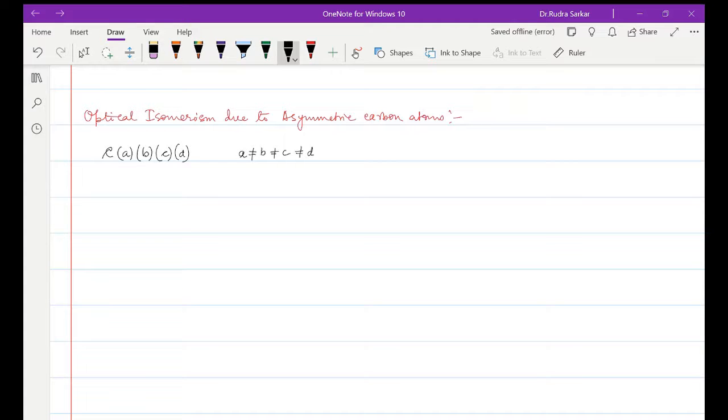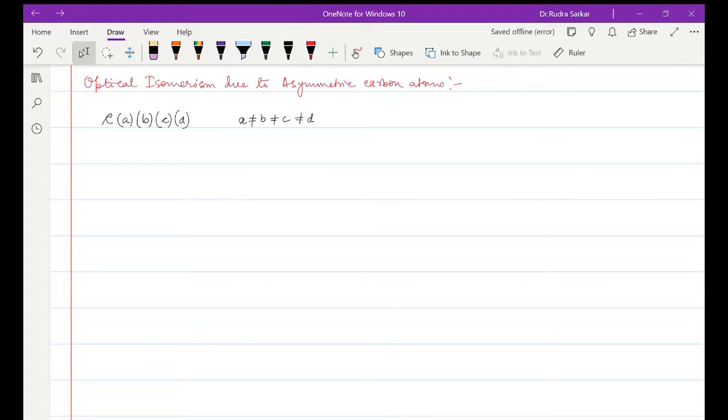So a very simple known example of this kind is lactic acid, which can be written as CH3, C. This is the asymmetric carbon joined to OH, a hydrogen, and a carboxylic acid group. Okay.